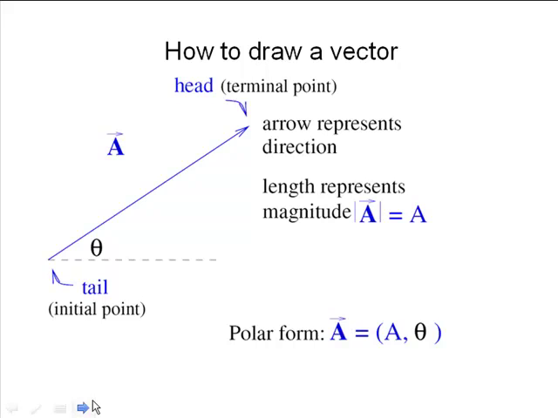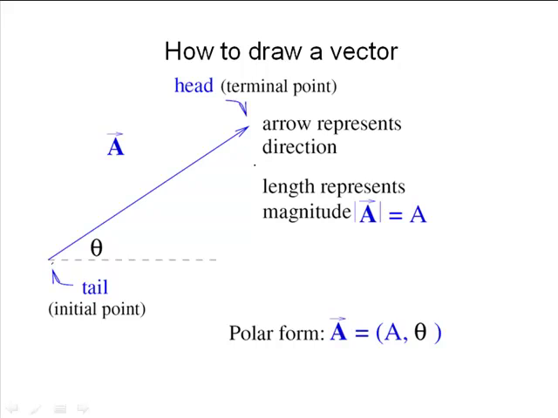So when we draw a vector, when we represent a vector quantity on a page, we draw it as an arrow. An initial point at the tail and the head at the end. There's an arrow pointing the direction that the vector goes, and the length of the arrow is proportional to the magnitude of the vector we're describing.